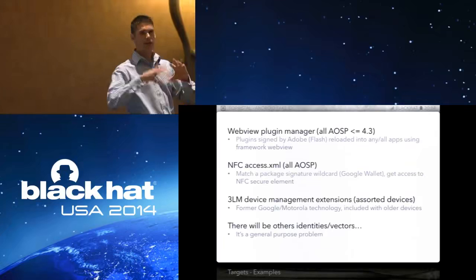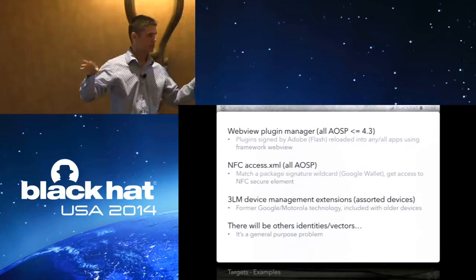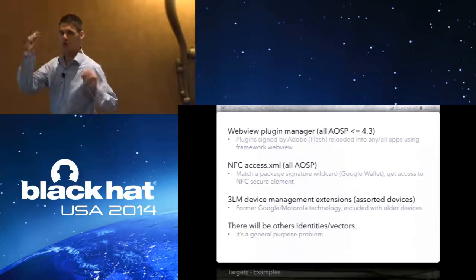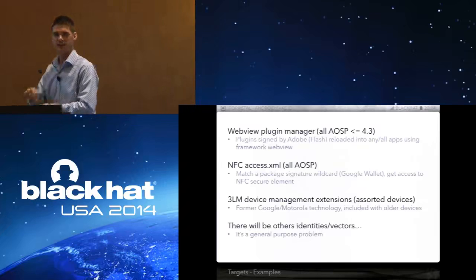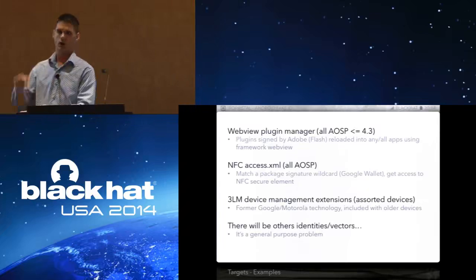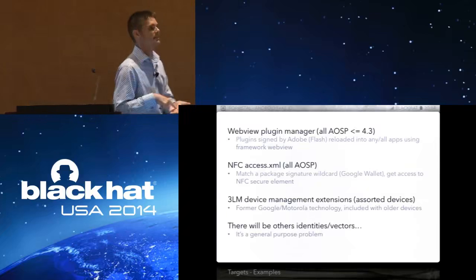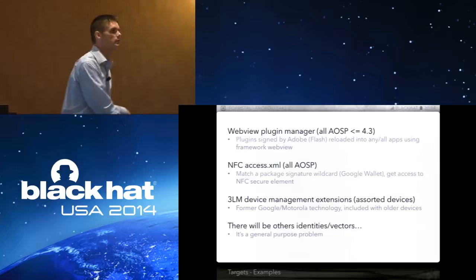So this is not anything to do with how you think about normal app permissions and app installations. This is Adobe, that one certificate getting special advantage, hard-coded right there in AOSP to do something completely different in terms of the security model.